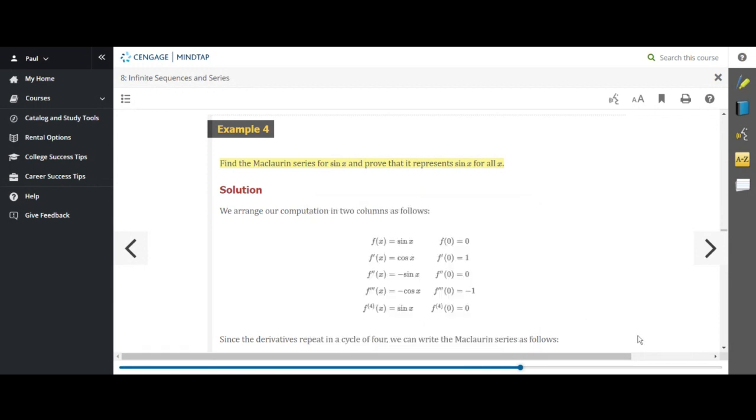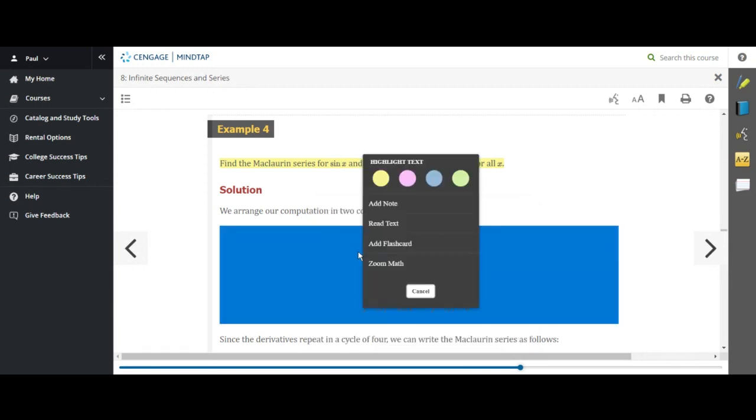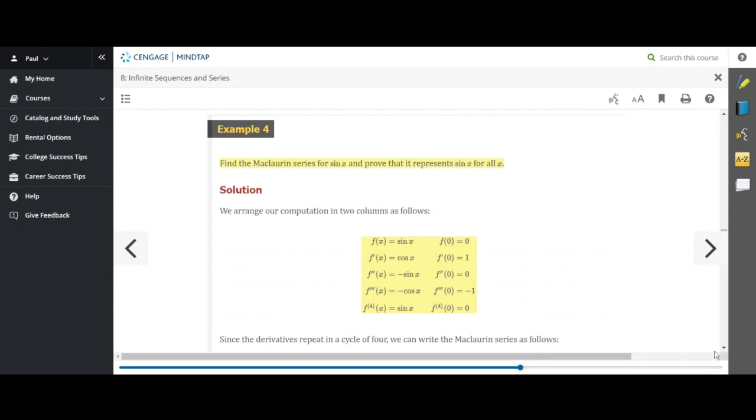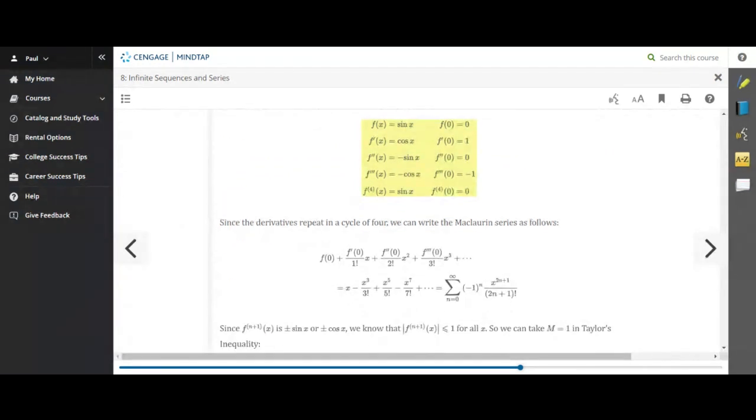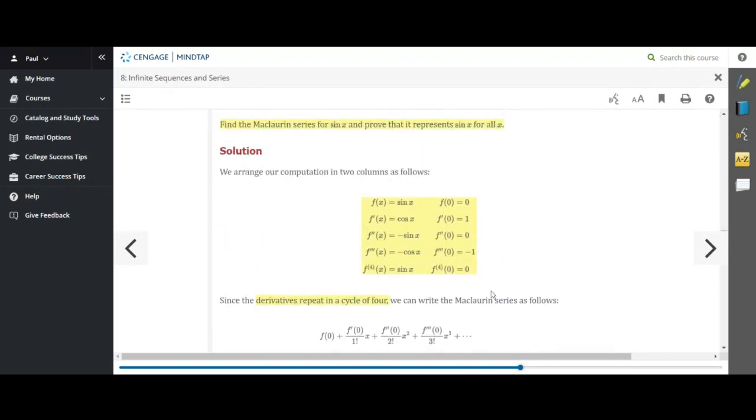Based on what you see here, they comment that the derivatives repeat in a cycle of 4. The first derivative at 0 equals 1, and the third derivative at 0 equals -1.